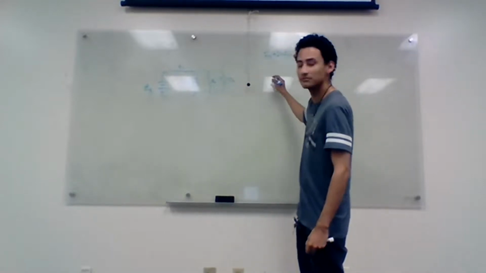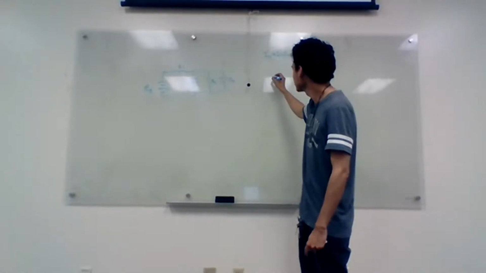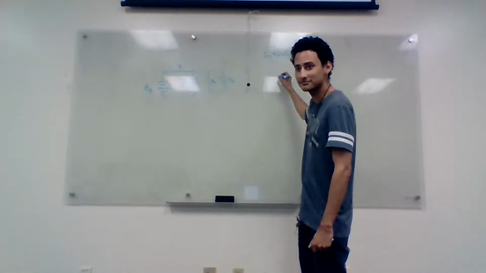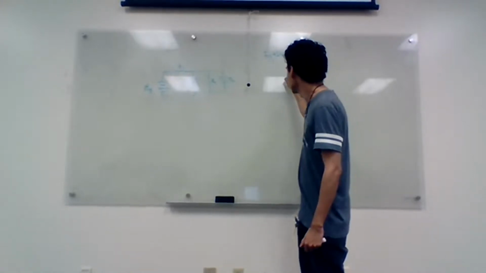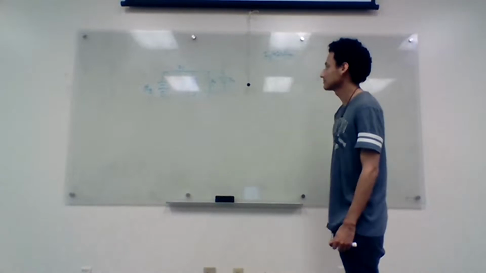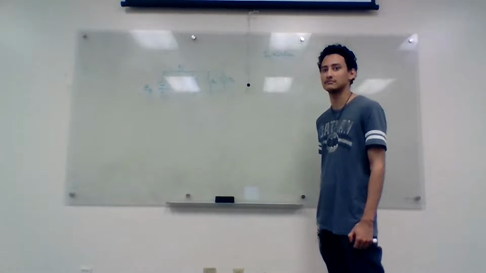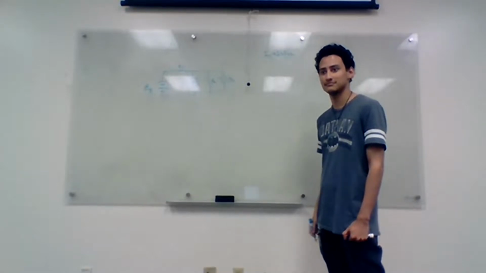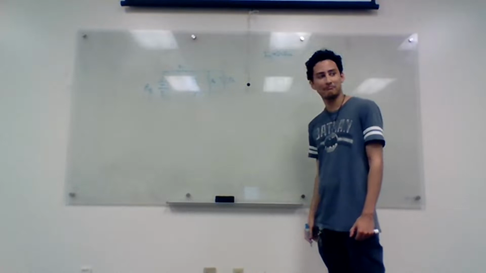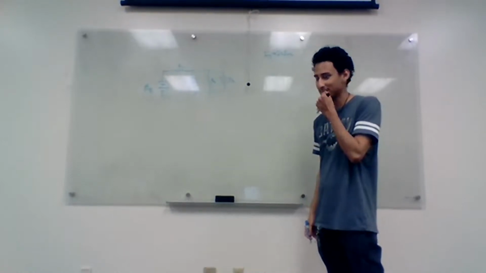Which one do you guys want to start with, current or KVL? Current, KCL. From this, what can we get? There's a node at the top.